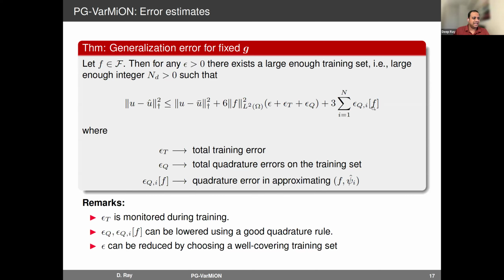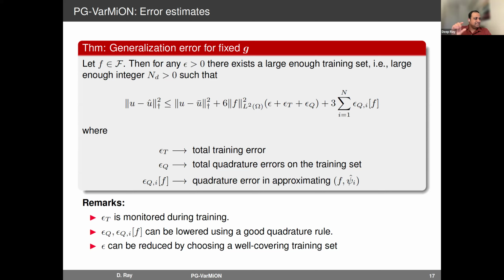And the last term is, again, the quadrature error, but arising from the given f at which you're evaluating the solution. So if you have a good enough network which can make the training error small, a good enough quadrature rule, and enough training samples, you can actually get closer and closer to the true projection error, which is going to be a lower bound for the generalization error estimate.